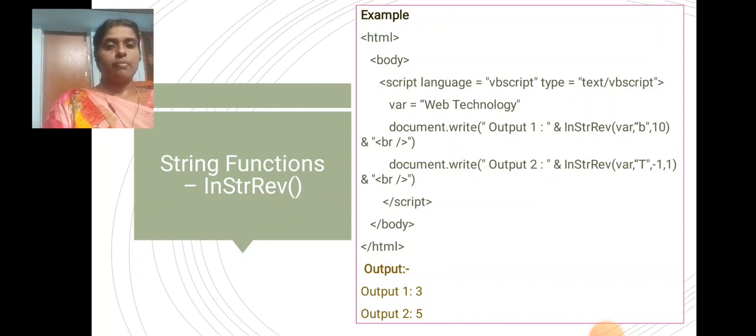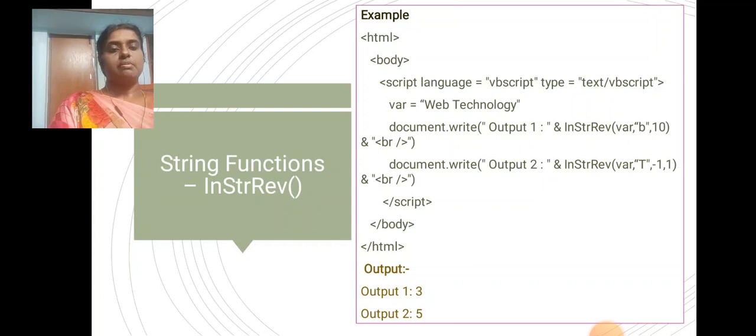I want to search in the variable var, which has the value web technology, for the character b, starting the check from the 10th character. For example, WEB is the first 3 characters, the space is the 4th, and T of technology is the 5th. Likewise, we have to start the search from the nth character.